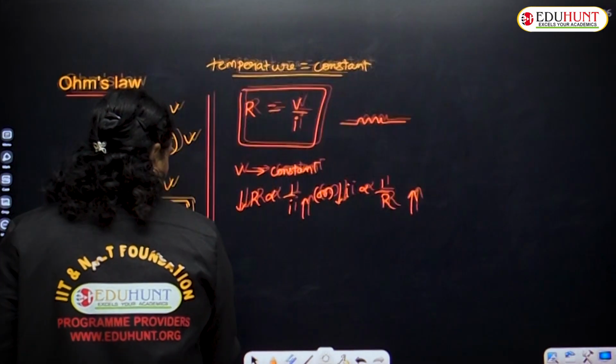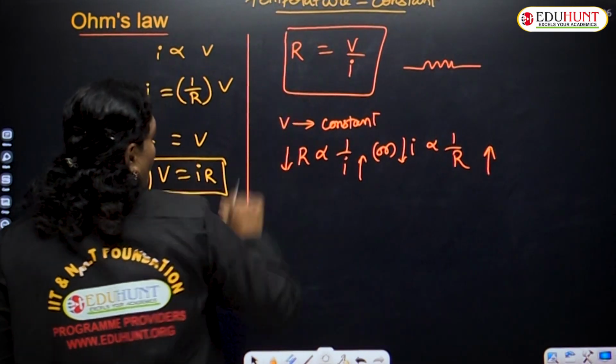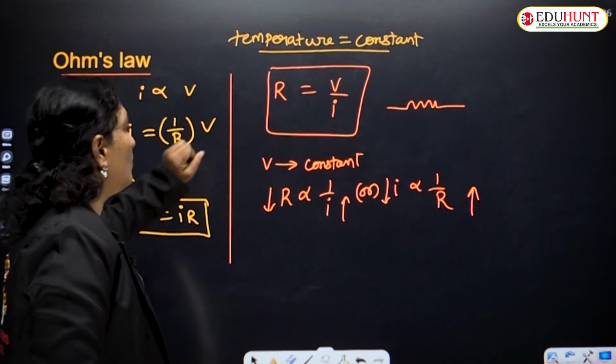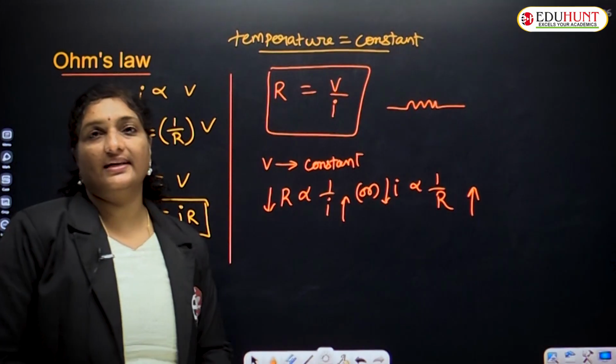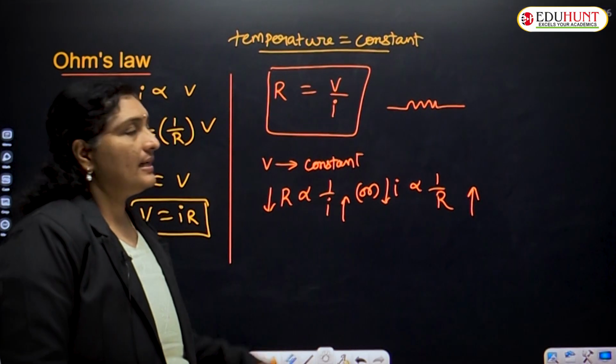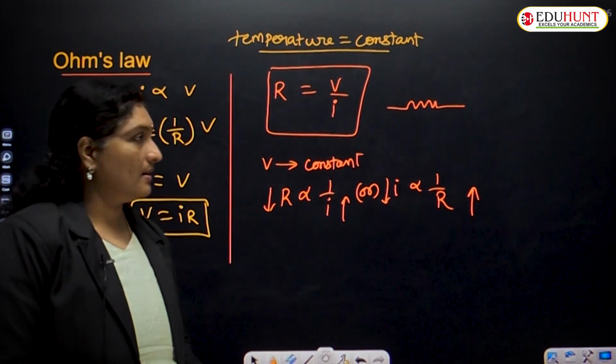Let us also define something like this, children. From the formula R equals V by I, let us look into the units. We know that potential difference is measured in volts and current is measured in amperes.